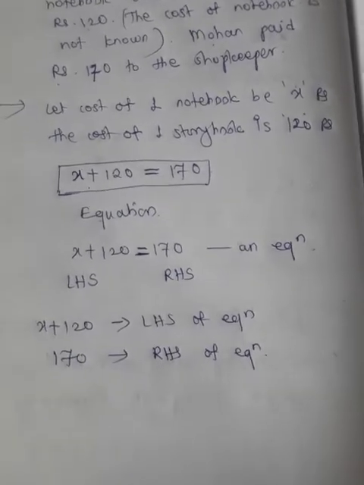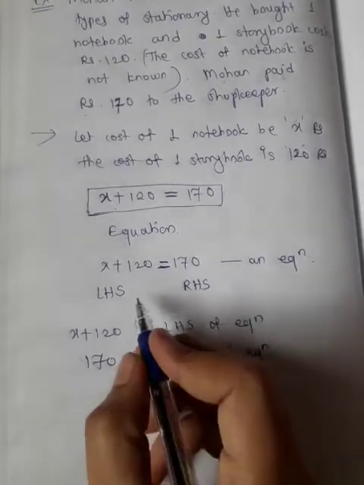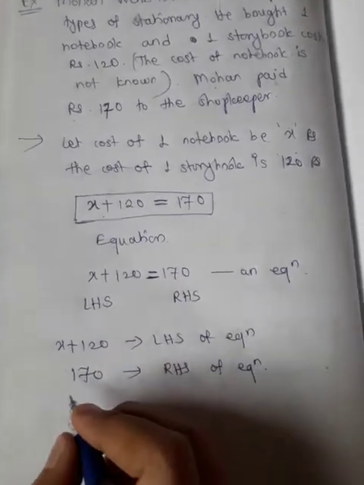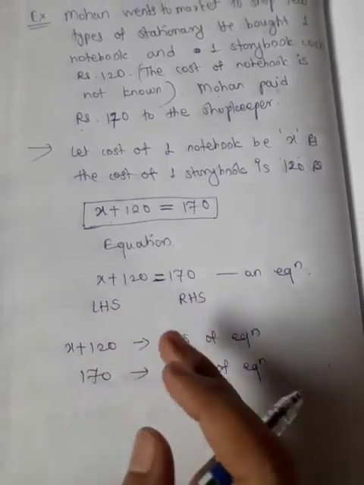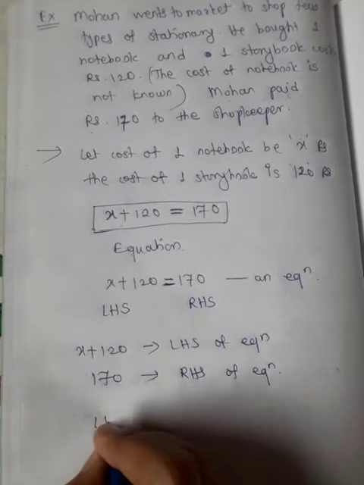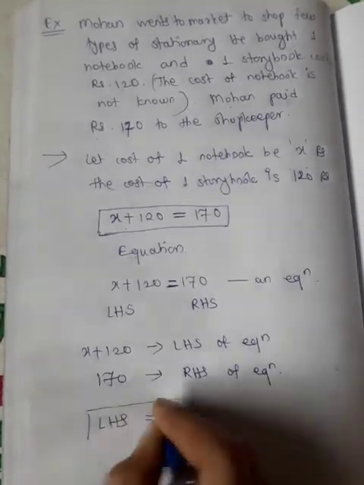Okay, and it is most important that the values of these two quantities should always be equal, meaning the value of LHS must be equal to the value of RHS.